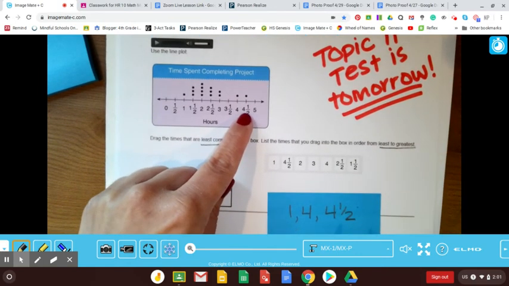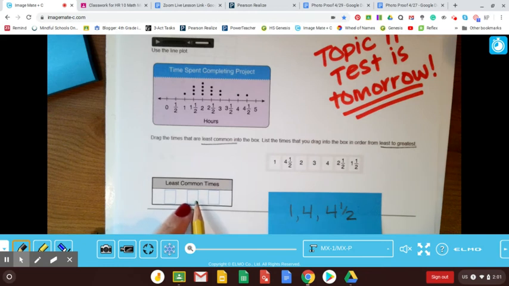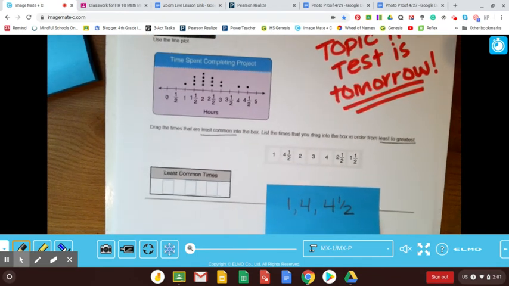Okay. And I'm going to drag them into the box in order from least to greatest. So the 1 would go first, right? Because 1 hour is the lowest amount of time. Then the 4, because 4 hours is the middle amount of time. And then 4.5, because that's the greatest amount of time. And so that's what it would look like drawn into those boxes.